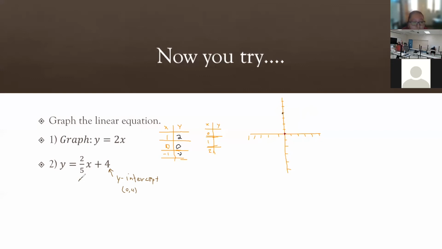Next thing we're going to do is use our slope, the rise over run. So 2 is a positive. We're going to go up 2, and then we're going to go to the right side 5 times. 1, 2, 3, 4, 5. Right here. You can do the other way if you want to have 3 points: you're going to go down 2, go to the left 5 times.